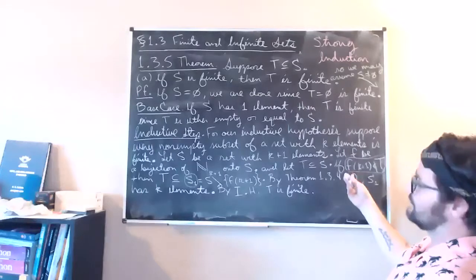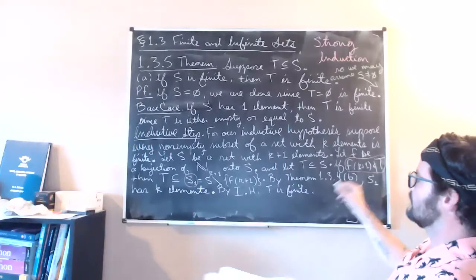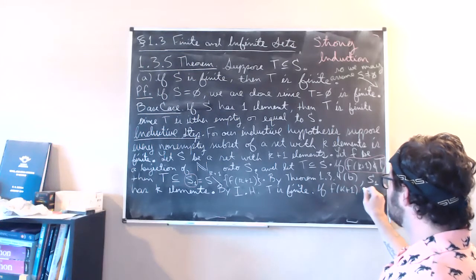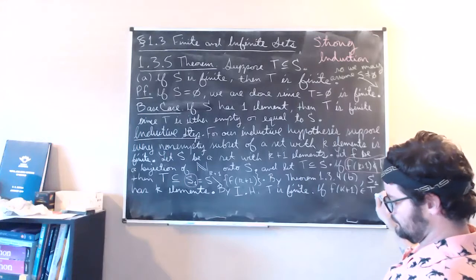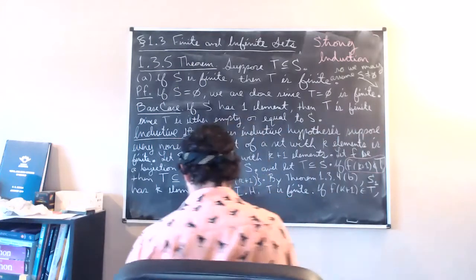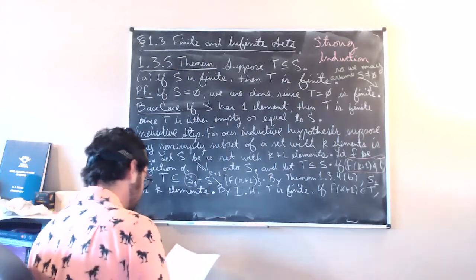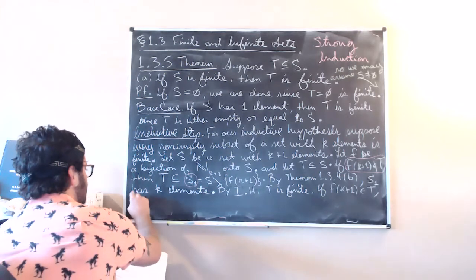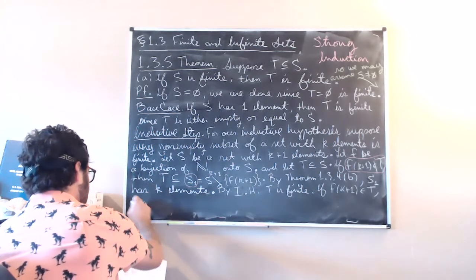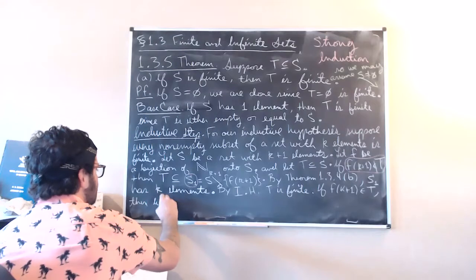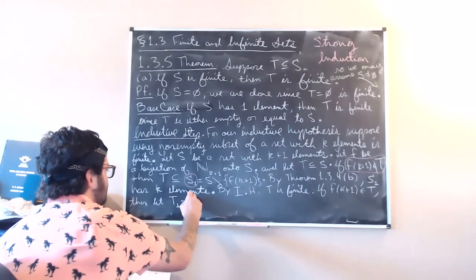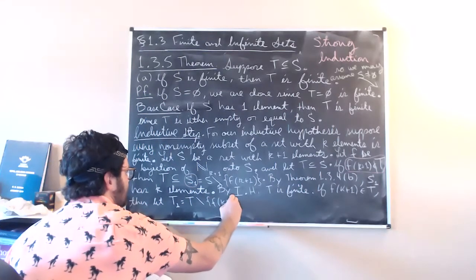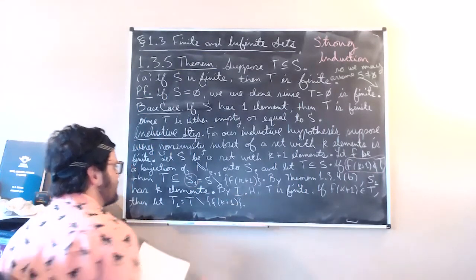Okay. So that was under the case when the image of K plus one is not an element of T. And now we need to check the case when the image of K plus one is an element of T. So f of K plus one is in T. Then let T1 be equal to T set difference the image of K plus one under f.